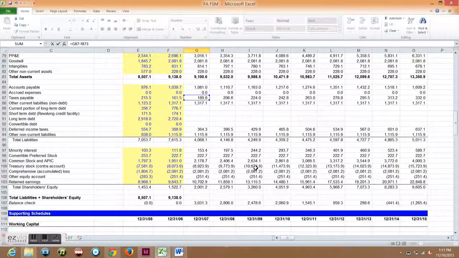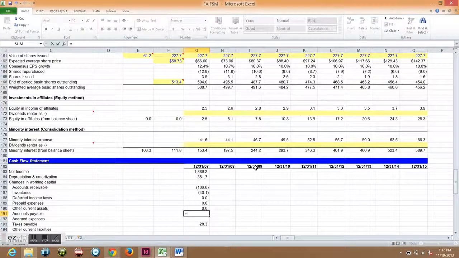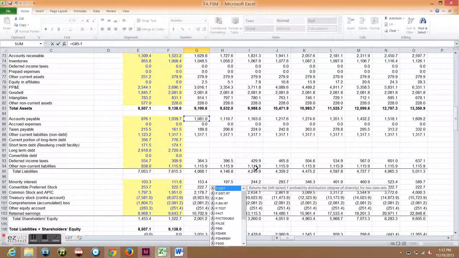Hold on. Yeah, accounts payable, this is supposed to be a positive number, and so is this. Okay, why is it positive? Well, let me explain after I connect these up.